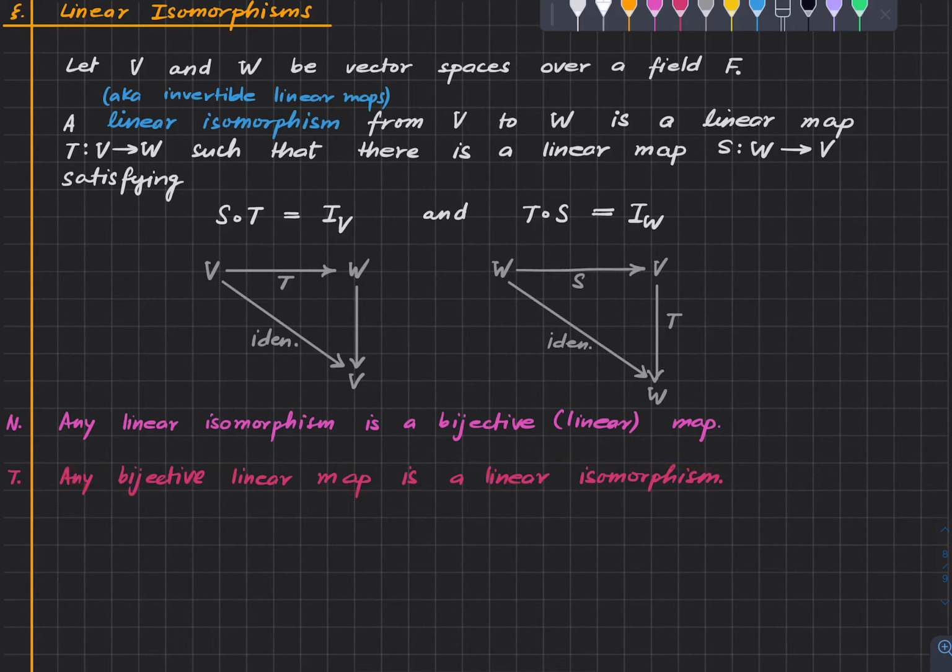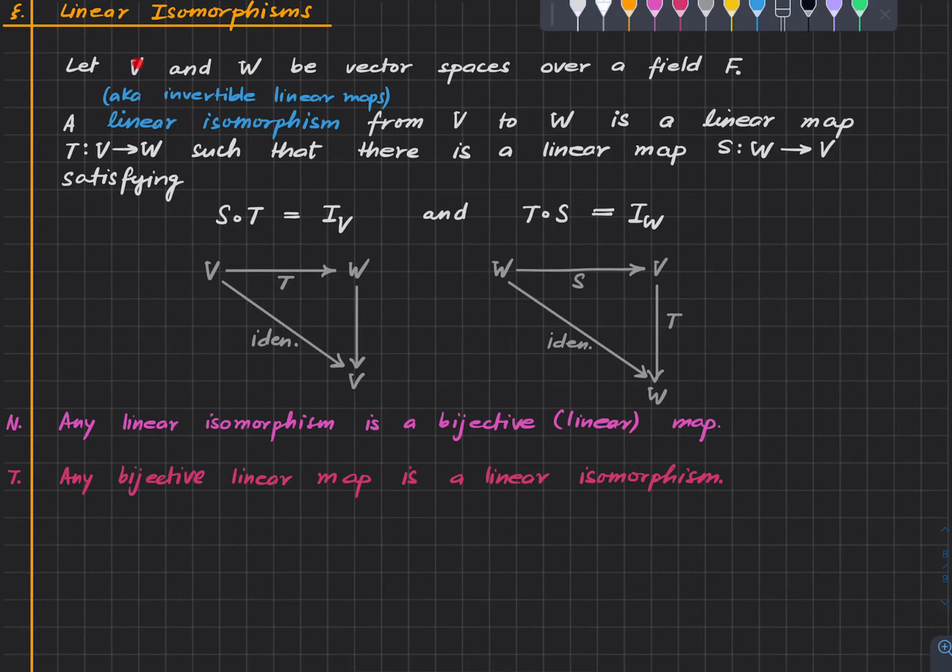What is a linear isomorphism trying to do? A linear isomorphism is just saying that the vector spaces V and W are the same in some sense. The behavior of addition here is carried forward to the behavior of addition there, and the behavior of scaling is also carried forward in a way that does not lose any information.